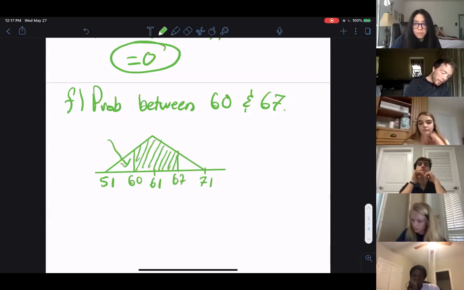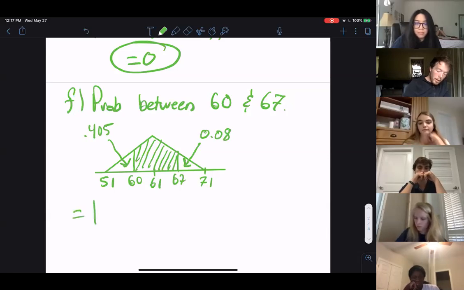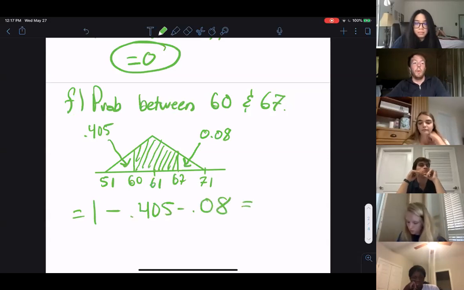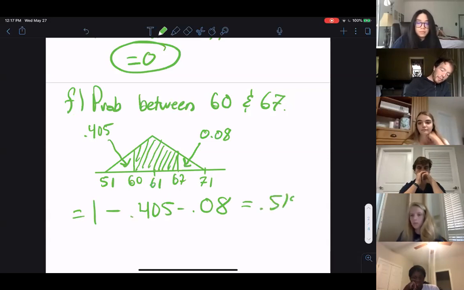But no, we actually already calculated this, it was 0.405. We already calculated this, it was 0.08 on previous problems. So all you had to do, since total area under the curve is equal to 1, you just take 1 minus 0.405 minus 0.08, which was 0.515.